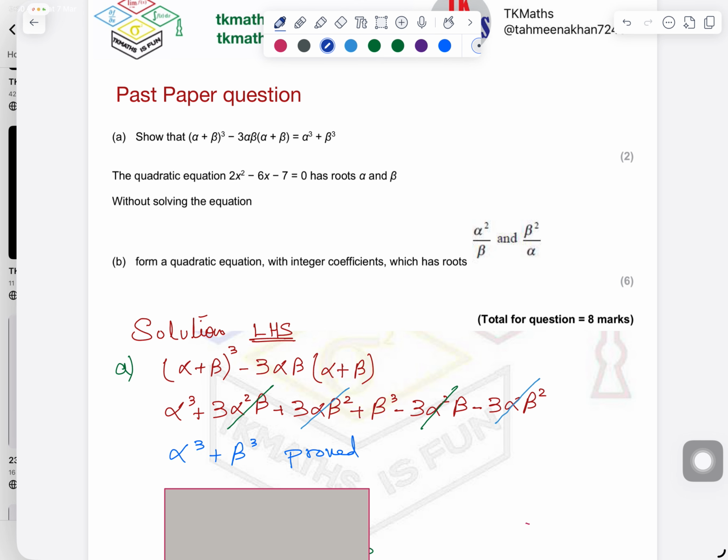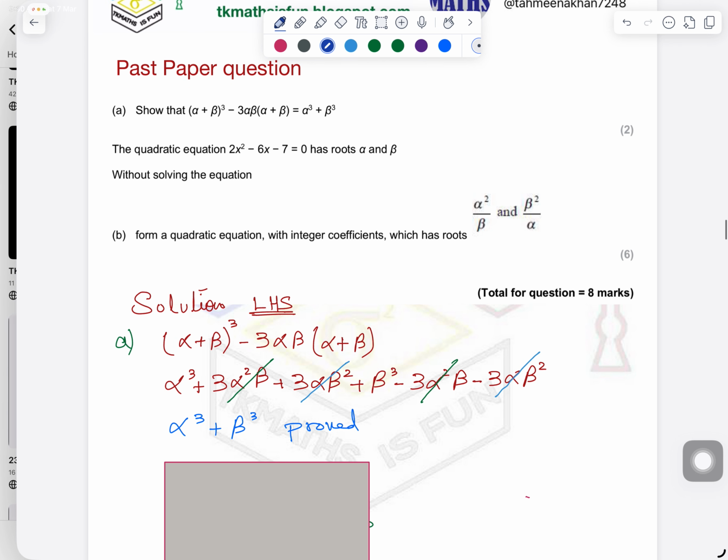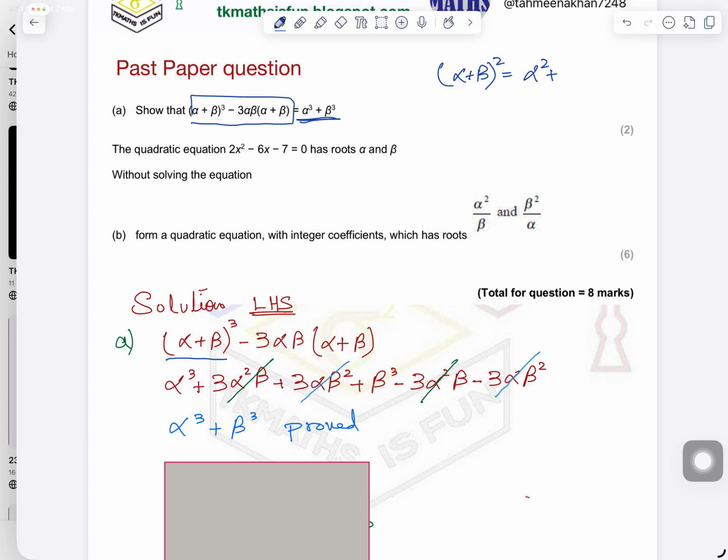So I have picked up the left hand side like I have mentioned. Basically this is giving you the understanding of where it is required, alpha cube plus beta cube can be replaced by this whole thing. Just like in the previous question when I was doing alpha plus beta square equals alpha square plus beta square plus 2 times alpha beta.